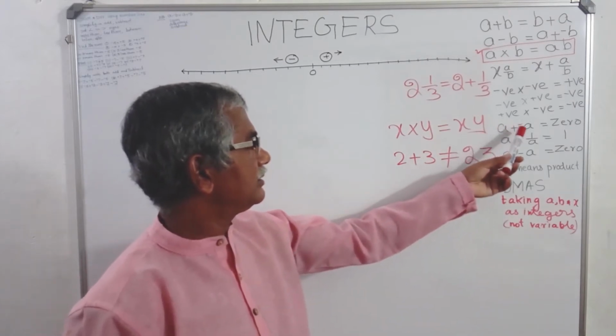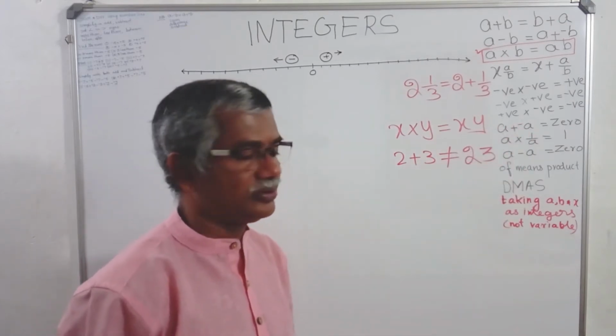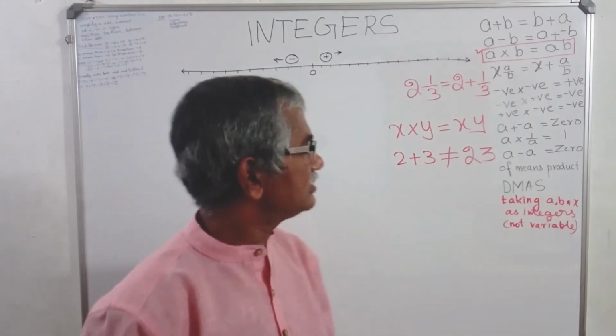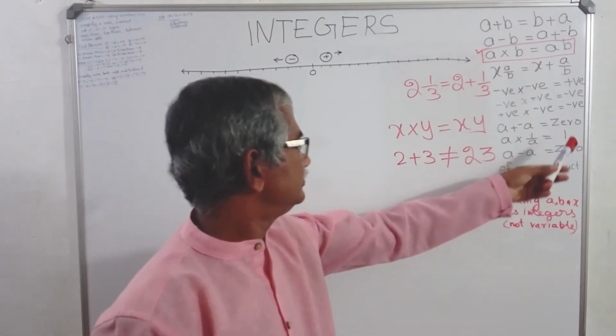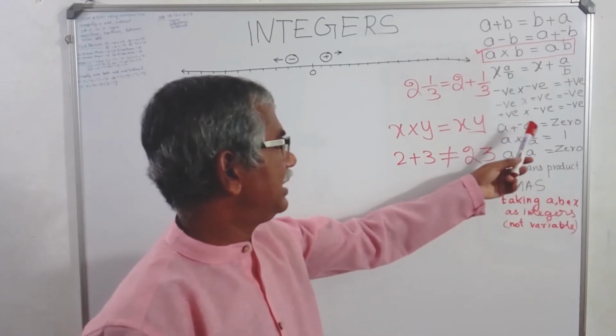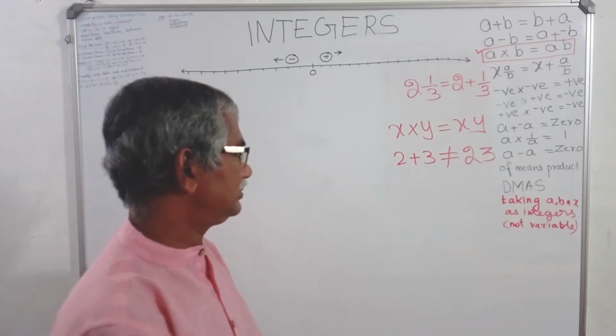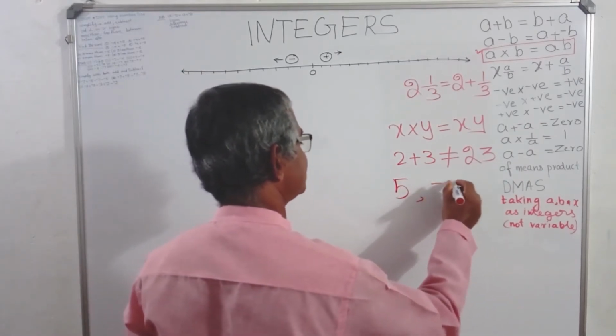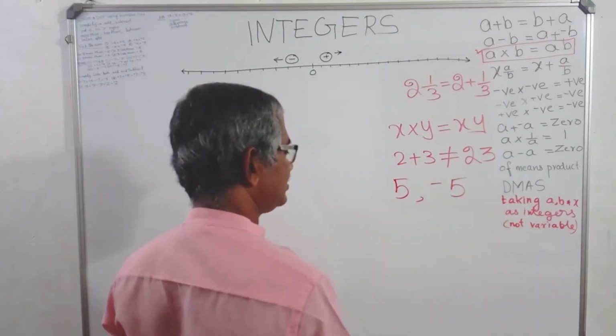Again, a and negative a, or the sum of a number and its additive inverse, is always 0. So you must understand a number and its additive inverse. Example, 5 is an integer, its additive inverse is negative 5. The sum is 0.